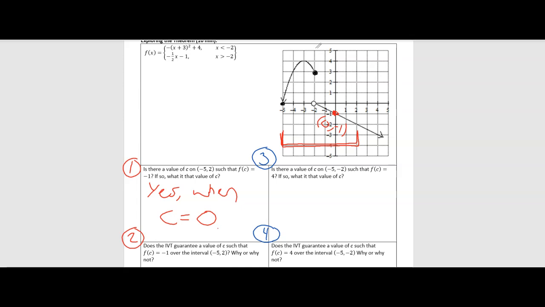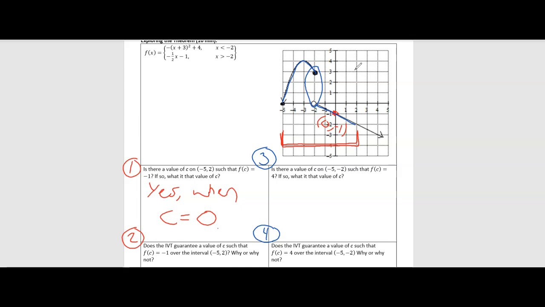So just because it happens doesn't mean that the IVT guaranteed it. We still have to use the theorem to justify. So when we're going to use the IVT, we have to look at the initial conditions. So the first one was, if we look back to the previous page, is the function continuous over the closed interval? So as we trace this interval, which is our very basic form of saying whether something's continuous or not, we see that there's this jump discontinuity here at -2.